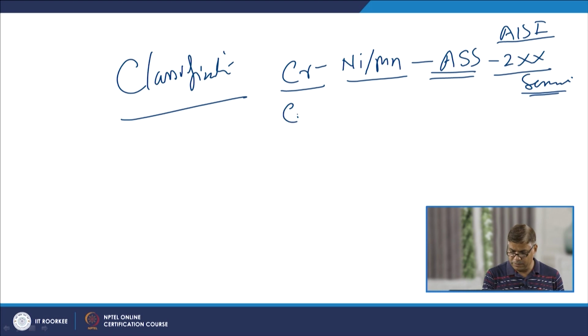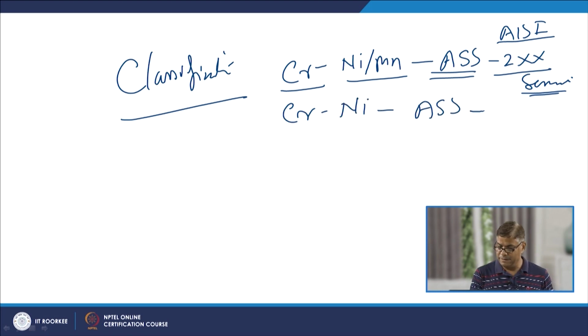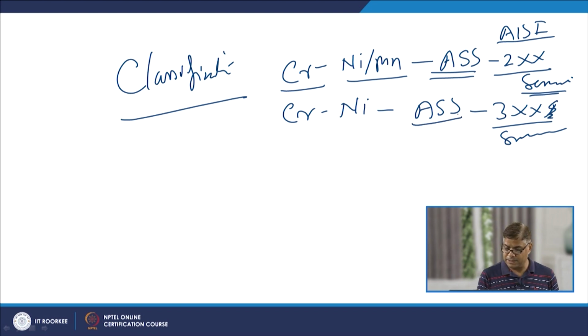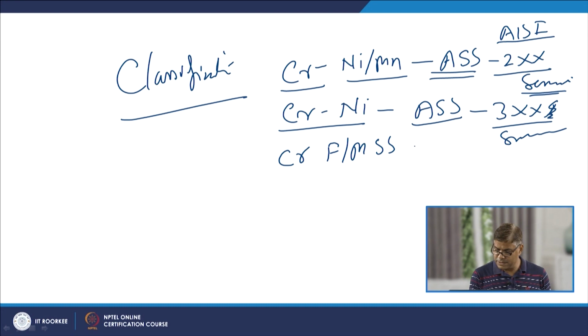Then we have the chromium and nickel only austenitic stainless steel, the 300 series of the stainless steel, based on chromium and nickel. Then there is a chromium-only ferritic or martensitic stainless steel. This is for both ferritic and martensitic stainless steels.